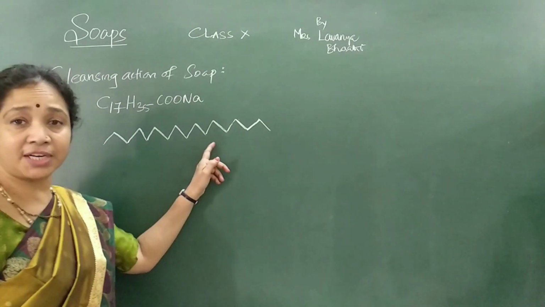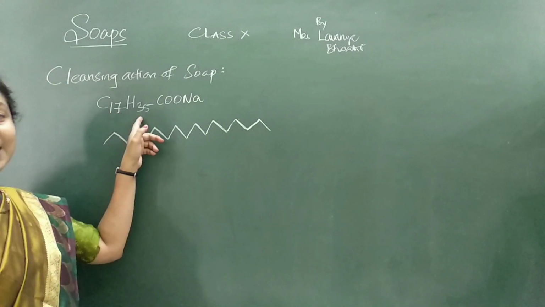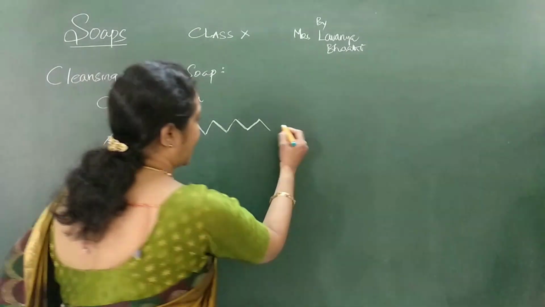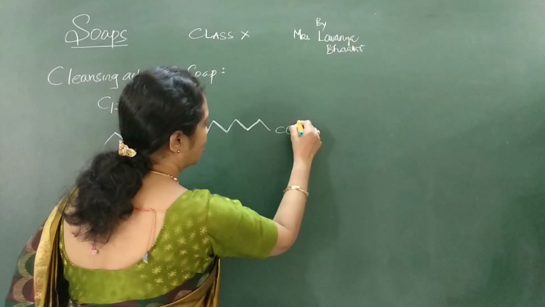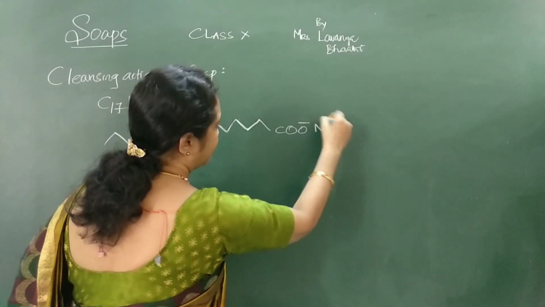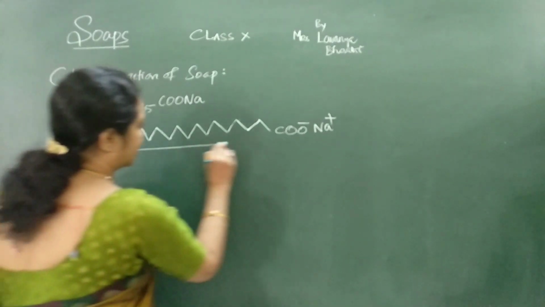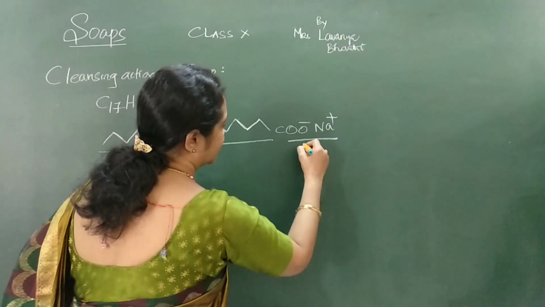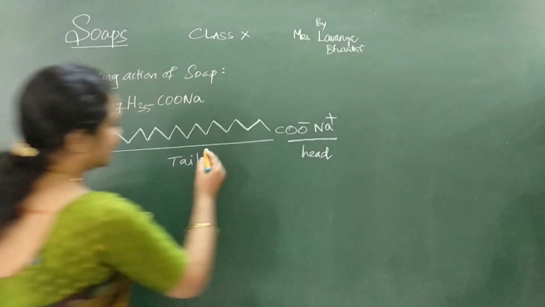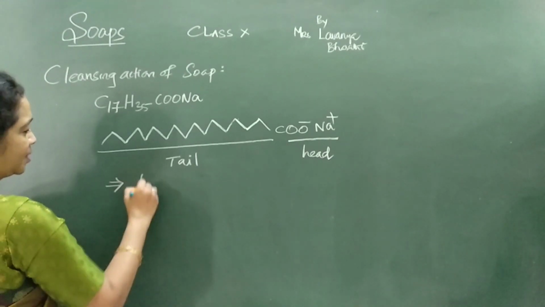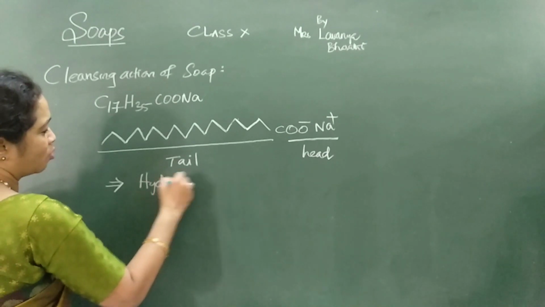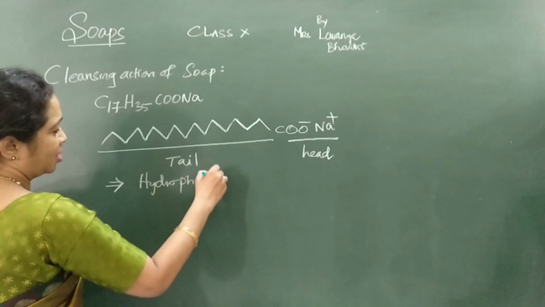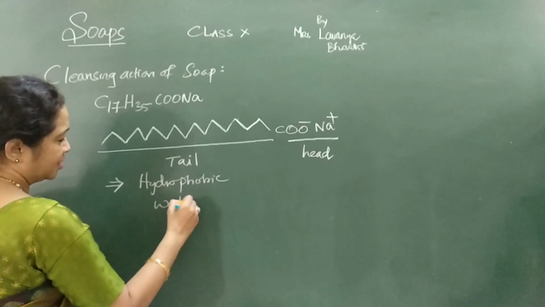So this curved line represents C17H35, the alkyl part, and then let us write down COO minus and Na plus. So this part is called the tail part and this is the head part. This tail part is considered hydrophobic because it is water repelling.